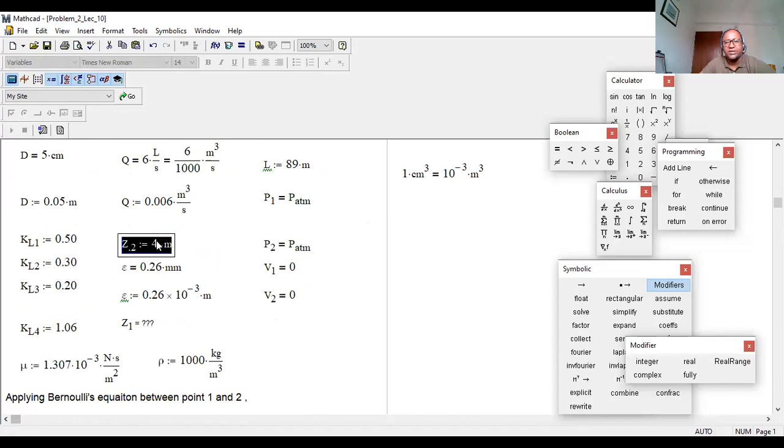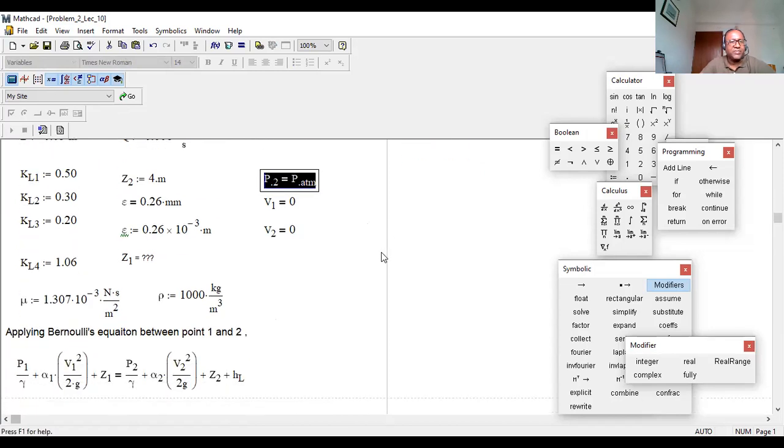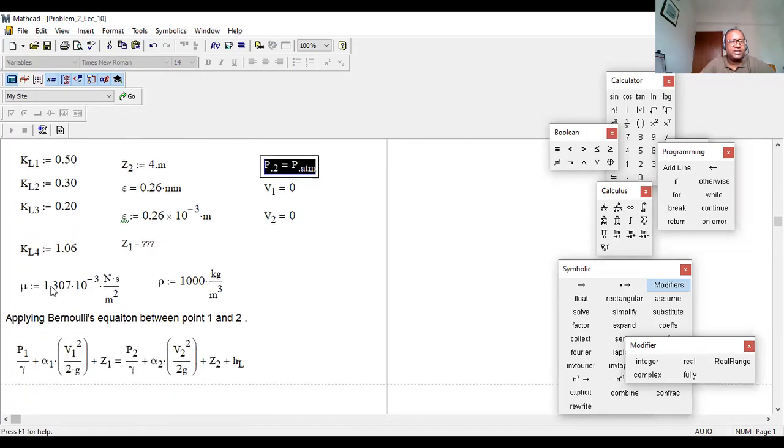Z2 is given 4. P2, atmospheric pressure. Epsilon value is given 26 millimeter. V1 is 0, V2 is 0. P1 atmospheric pressure, also P2 atmospheric pressure. Then this viscosity is already given. I just put it over here. Rho we needed, I put over here.